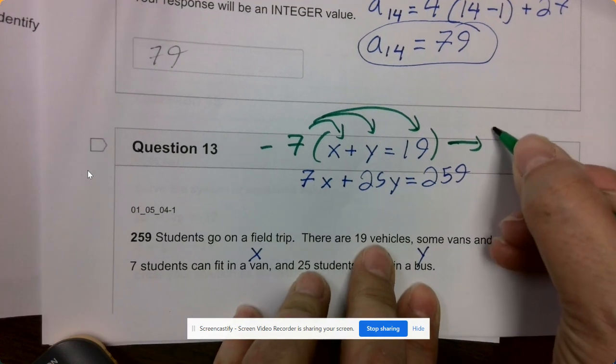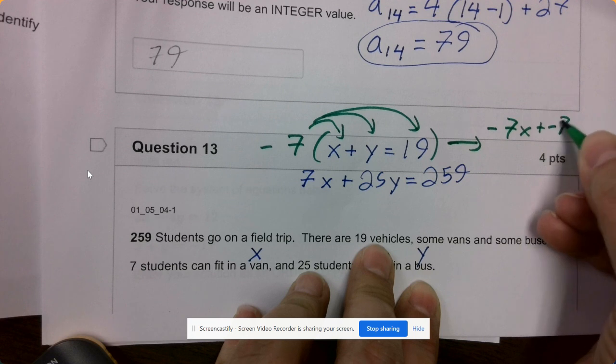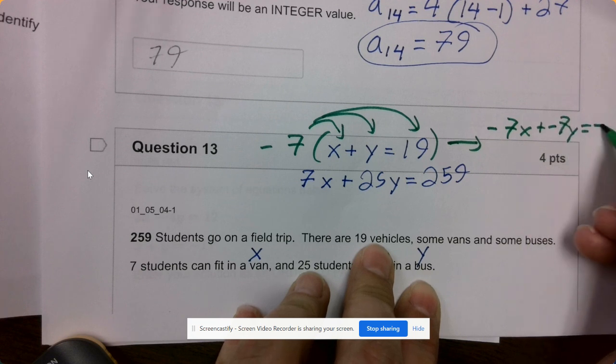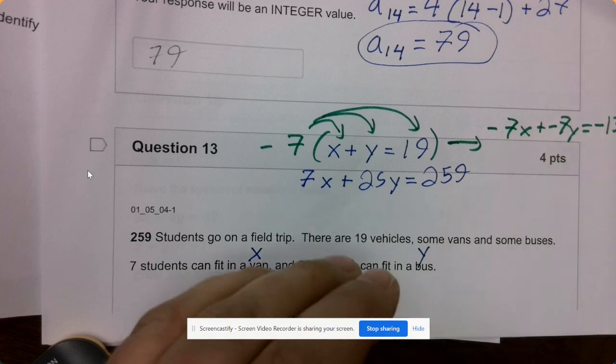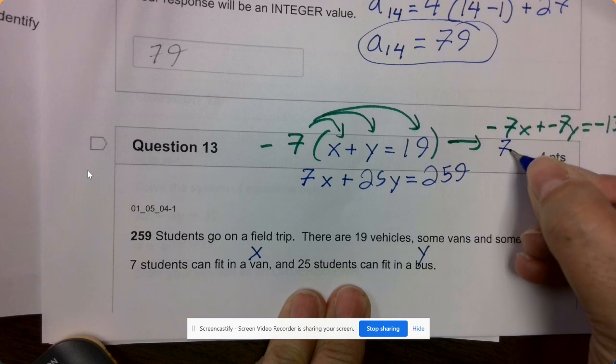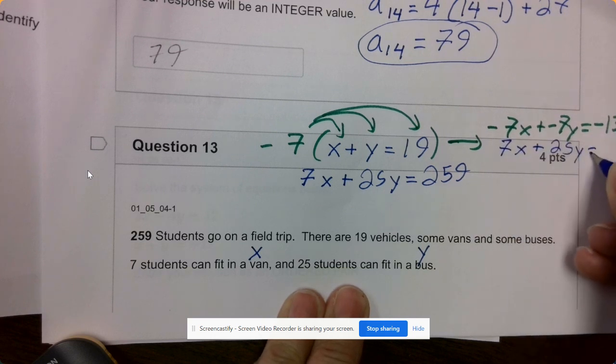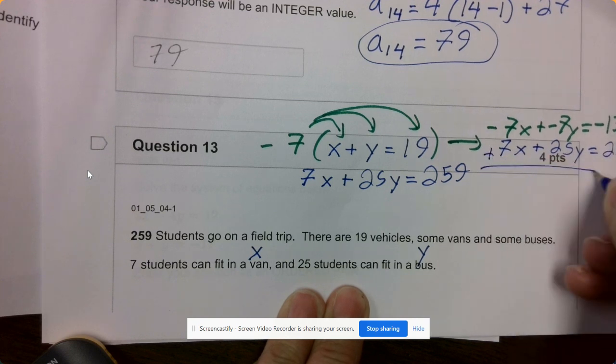So I get -7x plus -7y is equal to -133, plus, I just bring the other one over, everybody. Okay, I'm going to add these together, everybody.